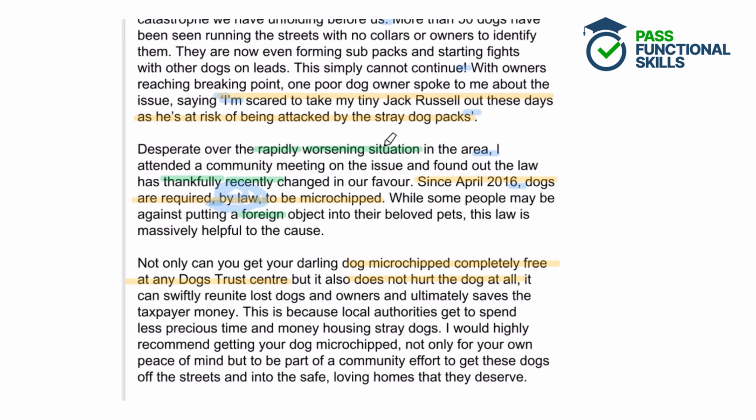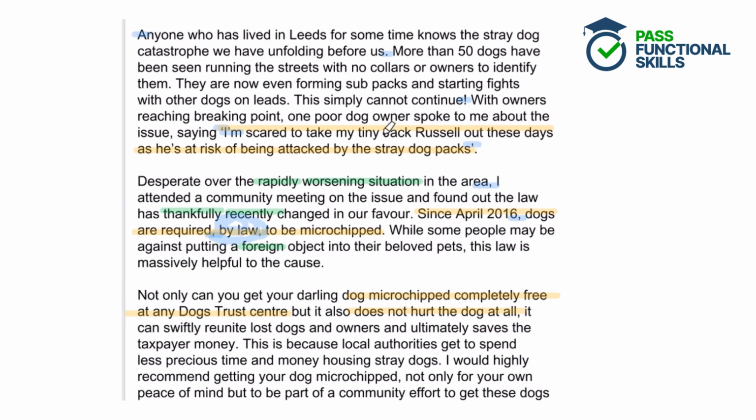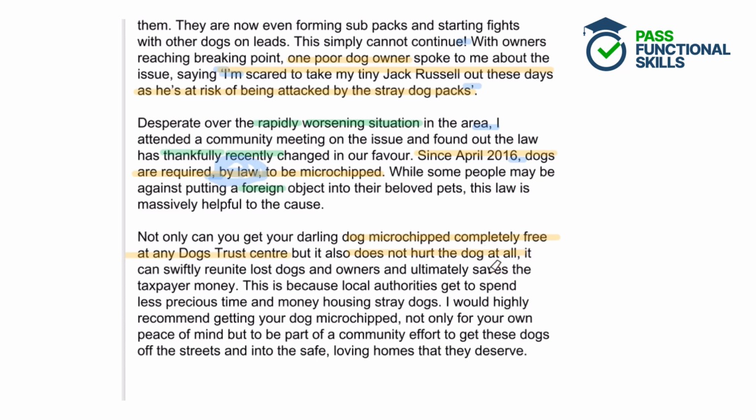You can just make these up. You don't have to provide any names or anything for them. So for example, we've just got one dog owner here. So overall, we've got loads of great details in our answer, and we've got a good explanation of the issue as well as how it can be resolved.